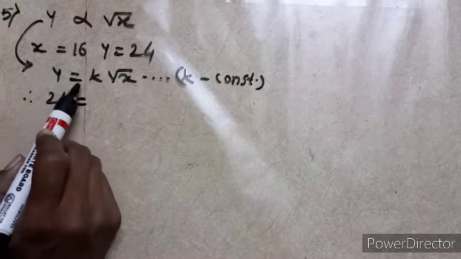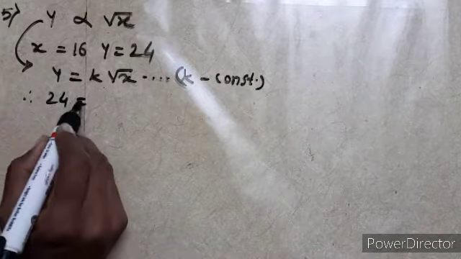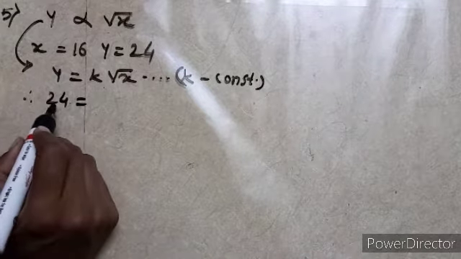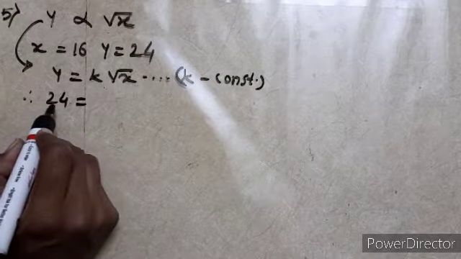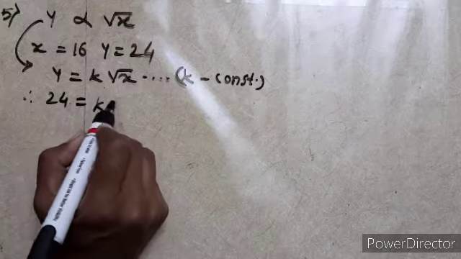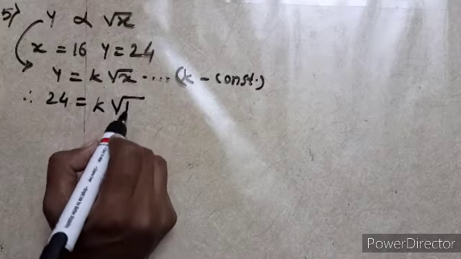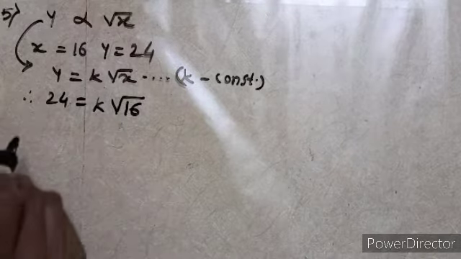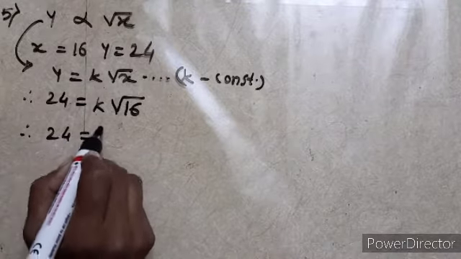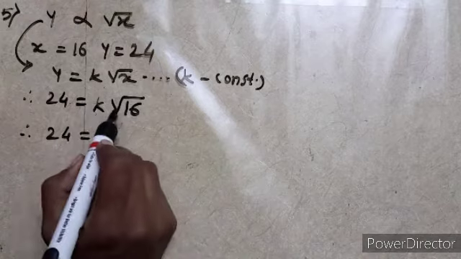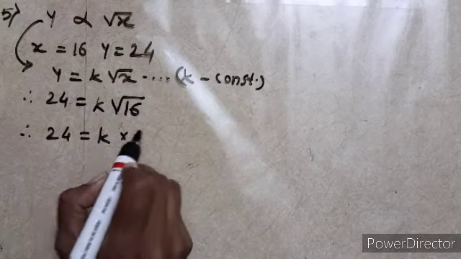Put these values in this equation. Then it becomes y is given as 24, therefore 24 is equal to k into square root of 16. Solve this. 24 is equal to k square root of 16, that is 4.